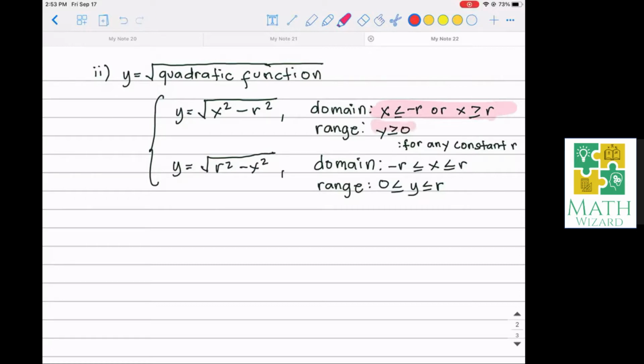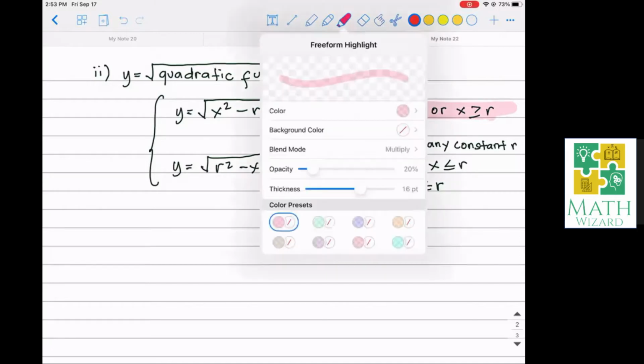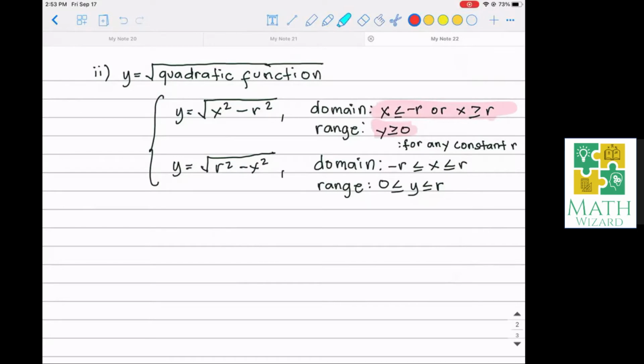And the range would be y is greater than or equal to 0. But if it's in the format of y is equal to the square root of r squared minus x squared, our domain would be x is greater than or equal to negative r, or less than or equal to positive r.